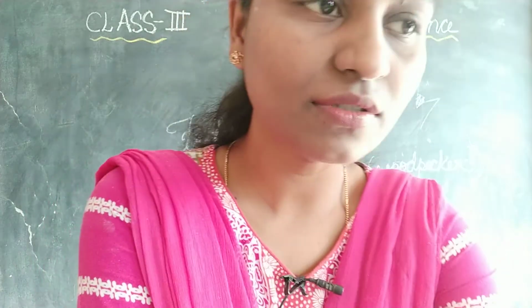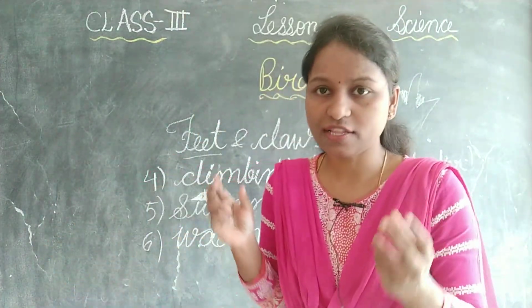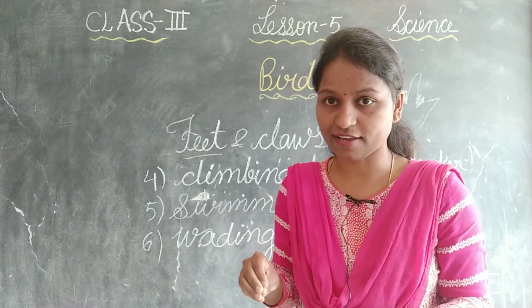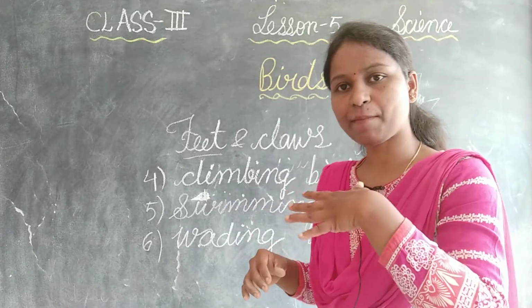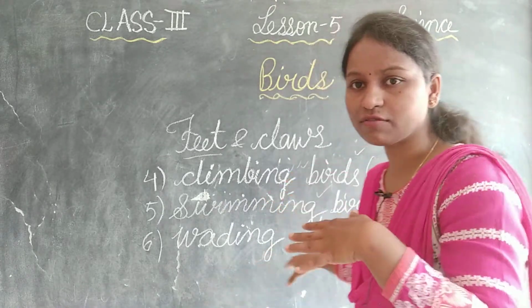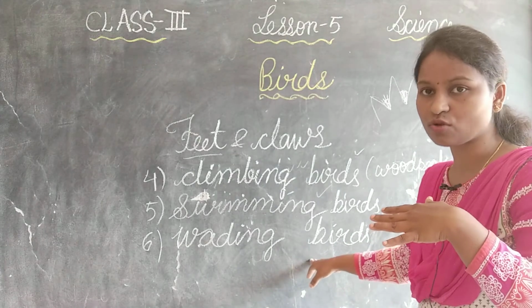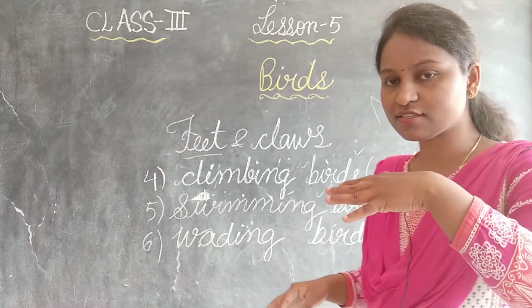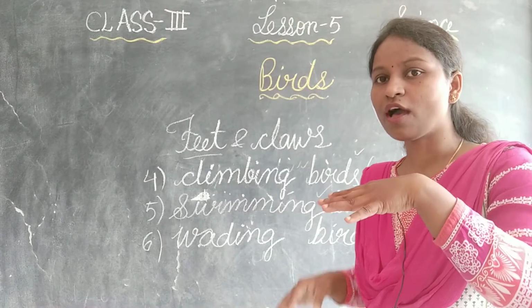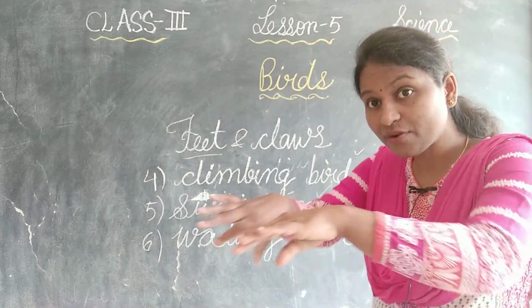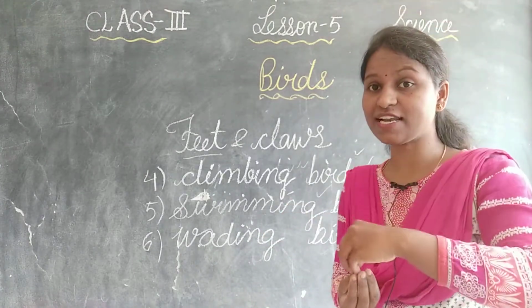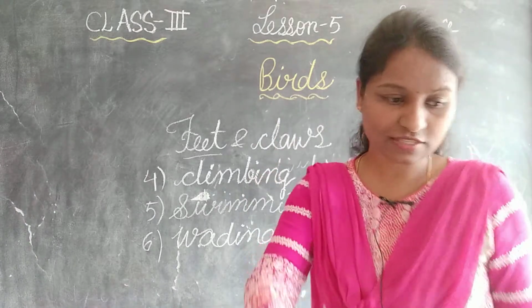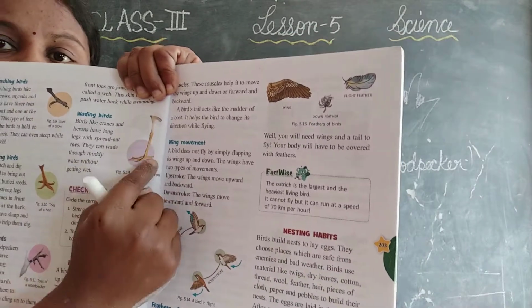Just as the webbed feet were spread, the wading birds also have claws spread out, so without getting wet they can wade through the water. That is the reason herons have long and slender legs, okay.